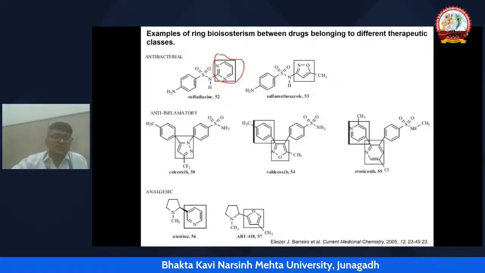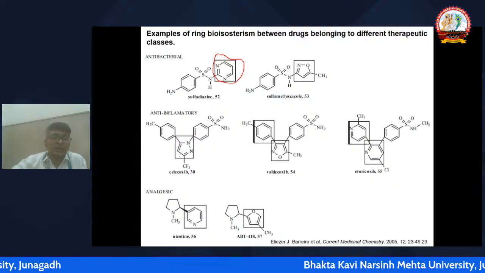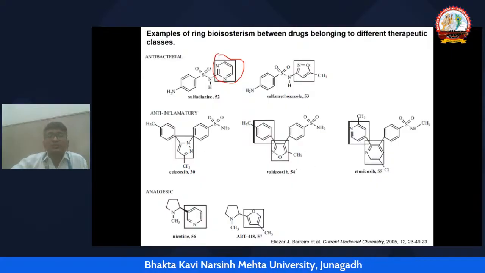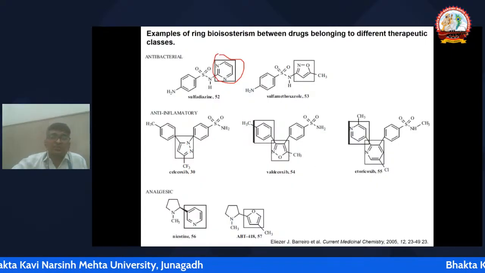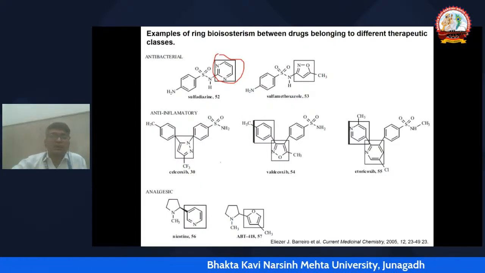Similarly, we can see in the anti-inflammatory drug, a COX inhibitor, celecoxib, the heterocyclic core is a pyrazole. Now, in another molecule, valdecoxib, this pyrazole is replaced by isoxazole. The other parts of the molecule are almost similar.